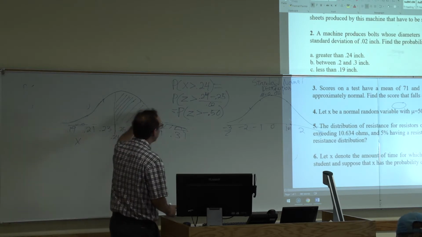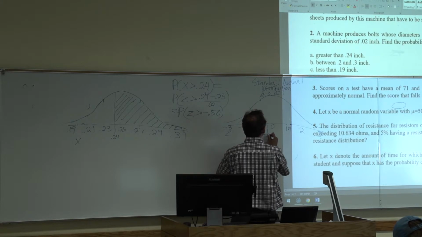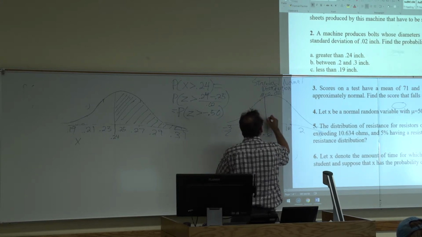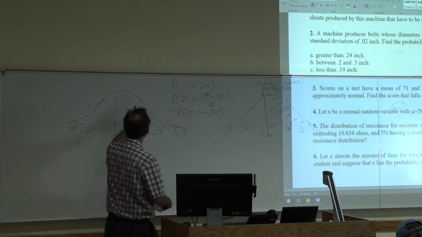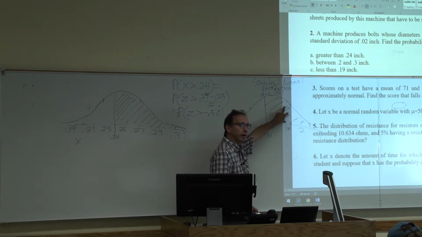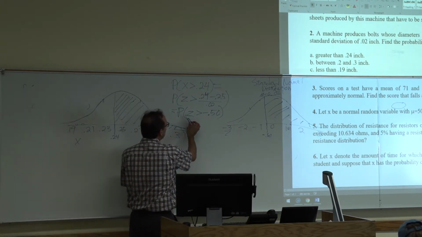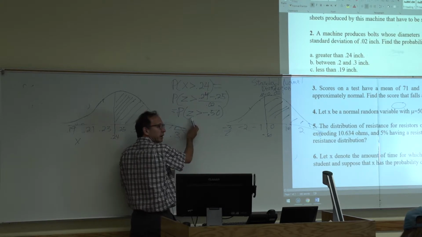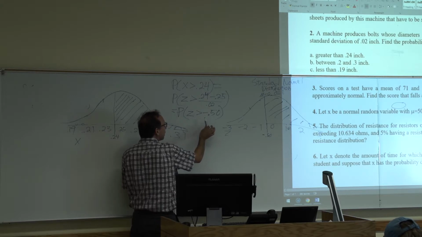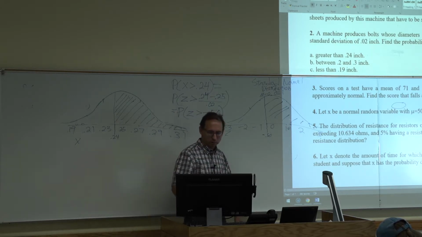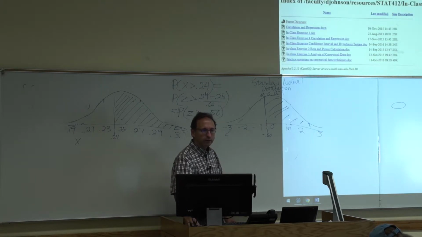So this area right here is going to be the same as the area under this curve to the right of negative 0.50 here. So this area is the same as this area. Now we have a probability statement in terms of z, our standard normal. So now we can go to our table to figure out the area under the curve to the right of negative 0.50.